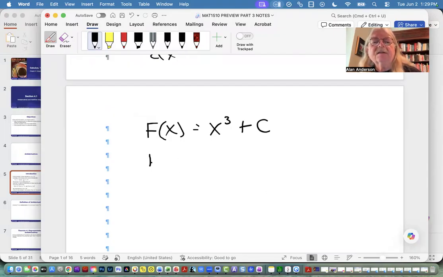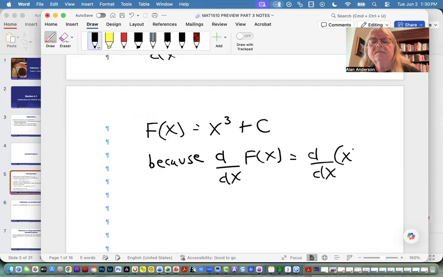And that's because the derivative of this antiderivative will give us back the original function of 3x squared.